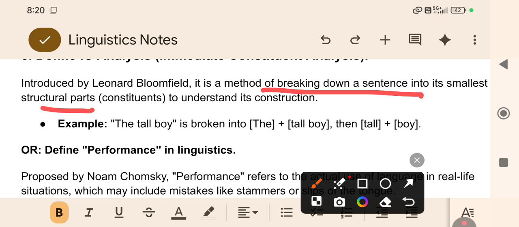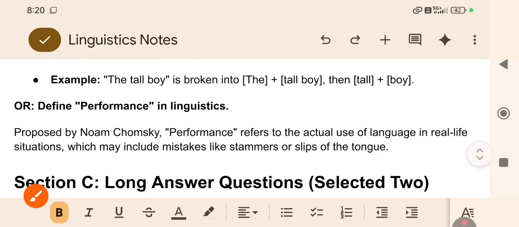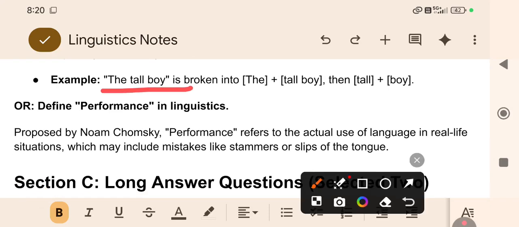We have to find the immediate constituents. So keep breaking the sentence down into its immediate constituents. It is a process in which we break down the sentence into its smallest structural parts and constituents, to understand its construction, how this sentence is made. For example, the tall boy.